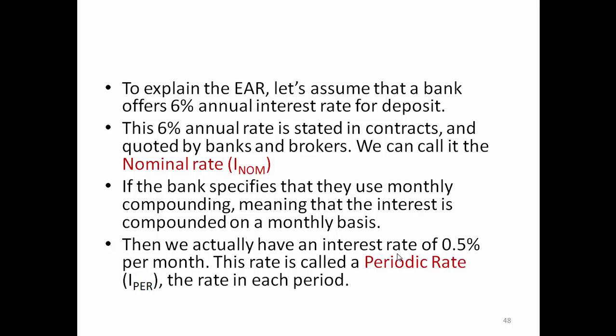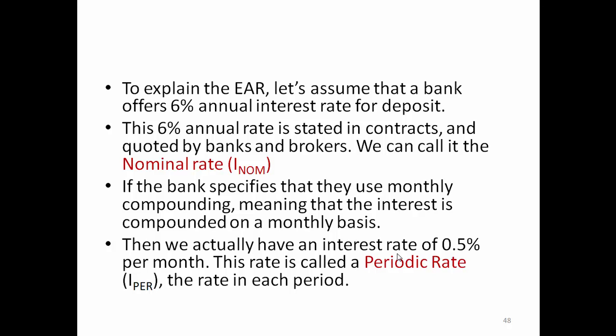So let's assume a bank offers a 6% annual interest rate for deposits, and this is stated in the contract, so we call it either nominal interest rate or sometimes quoted interest rate, and I'm using I_nom for nominal interest rate. Now if the bank specifies that they use monthly compounding, that means the interest will be compounded on a monthly basis, so every month.